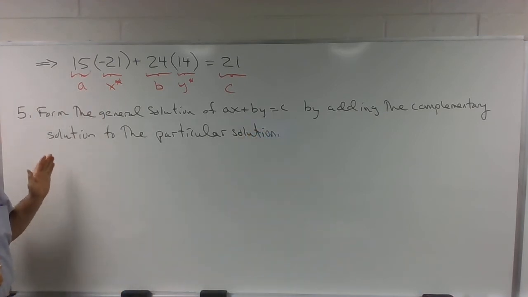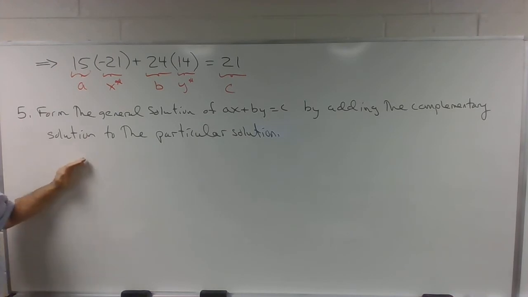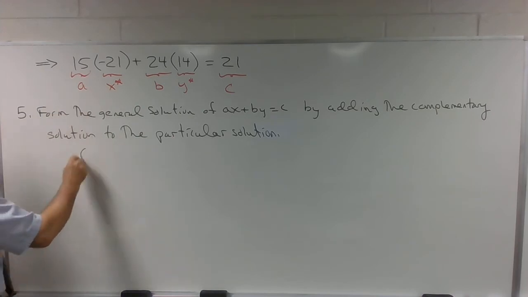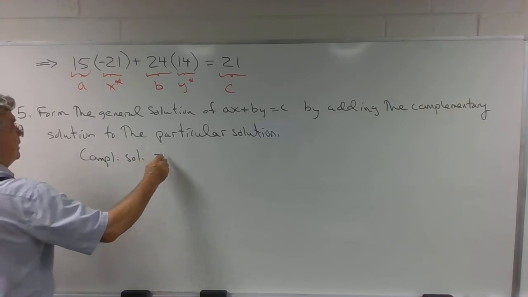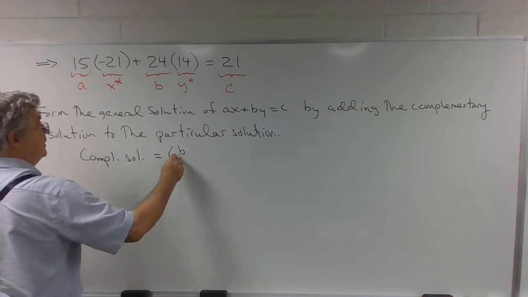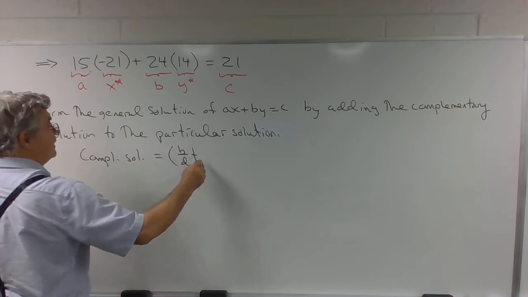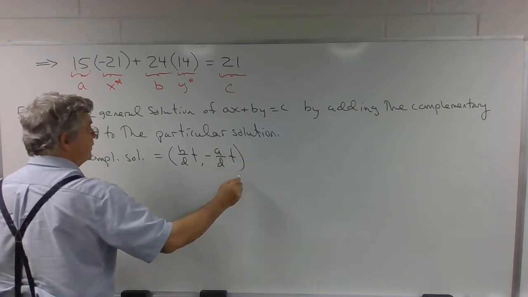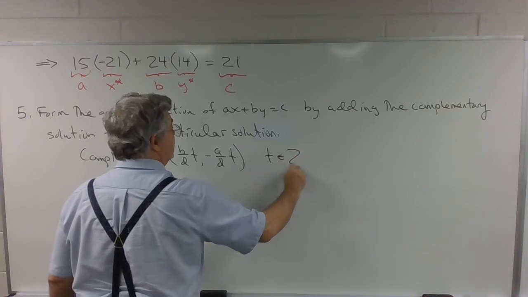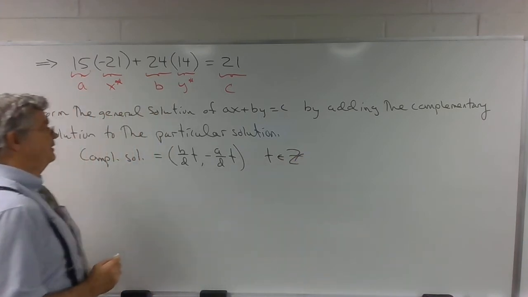Now the complementary solution is the same regardless of which equation we're solving. Complementary solution is equal to b over d t, minus a over d t, for all integer values of t.